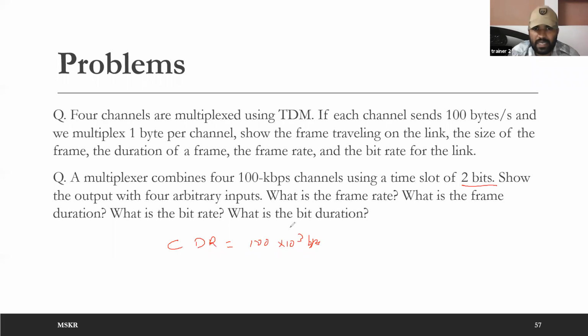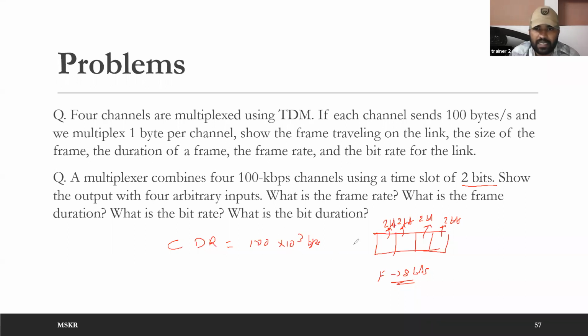That means every frame is going to carry 4 users' information, where every slot is going to carry 2 bits. So this is going to carry 2 bits, this 2 bits, this 2 bits, this 2 bits. So the total frame size is 8 bits. Show the output with 4 arbitrary inputs.